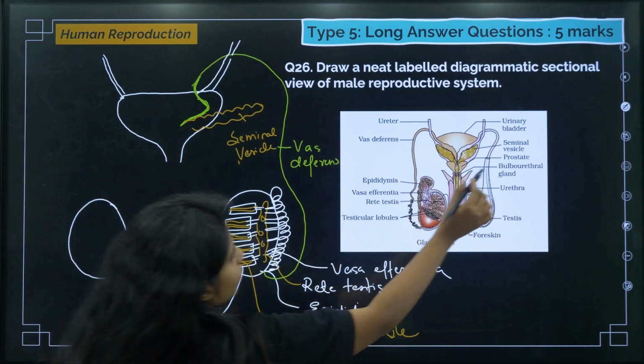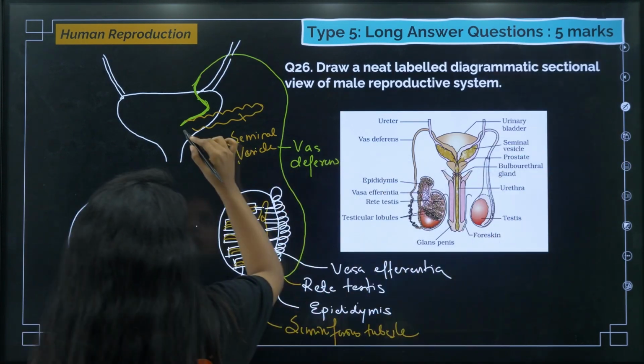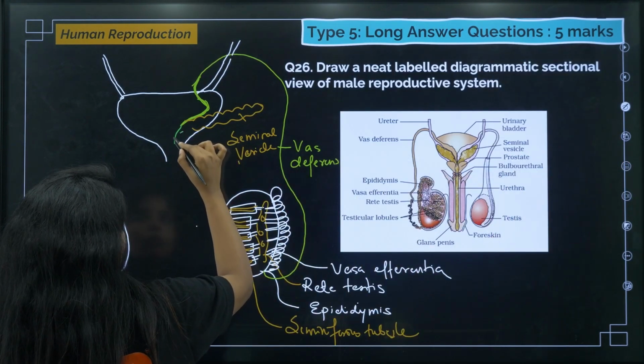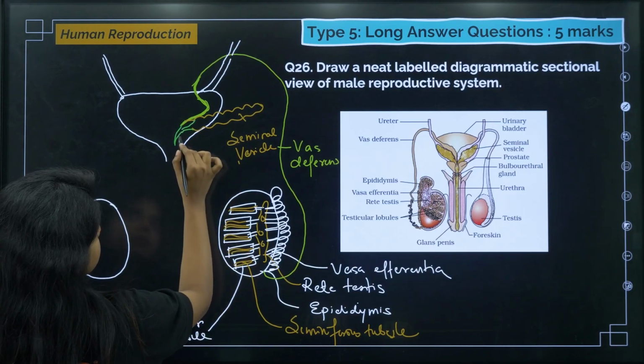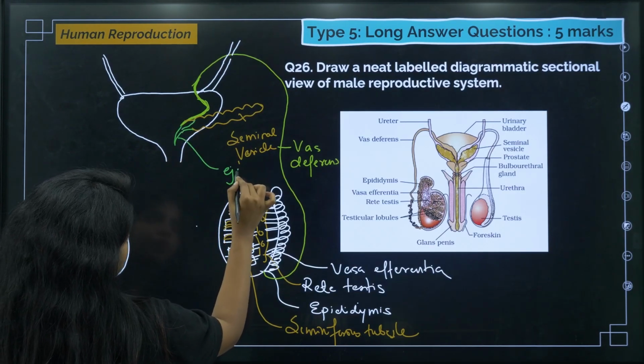Okay, now both of them will be opening into something like this. This is the ejaculatory duct.